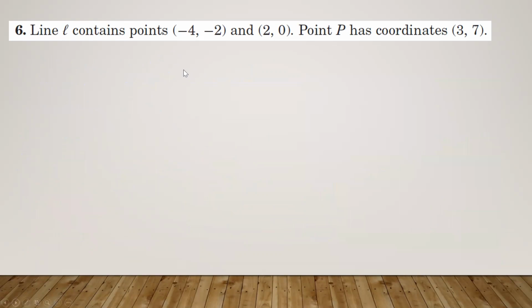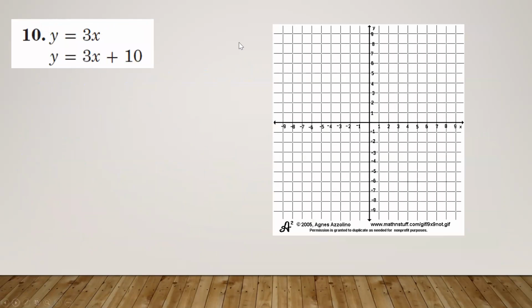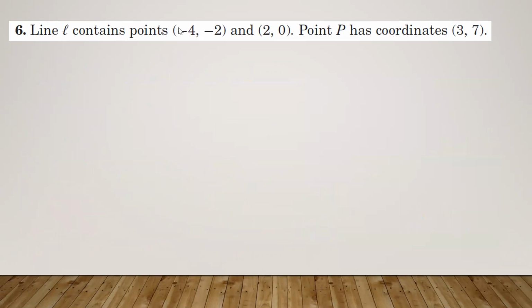So remember, the distance formula is the square root of x2 minus x1 squared plus y2 minus y1 squared.